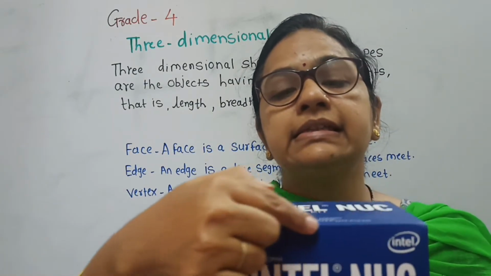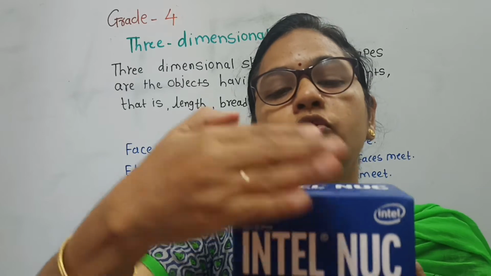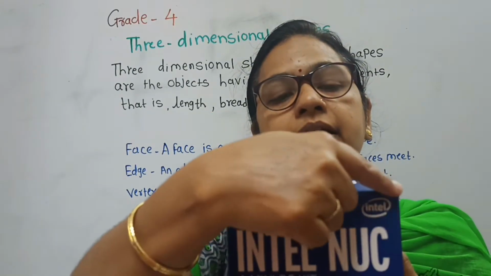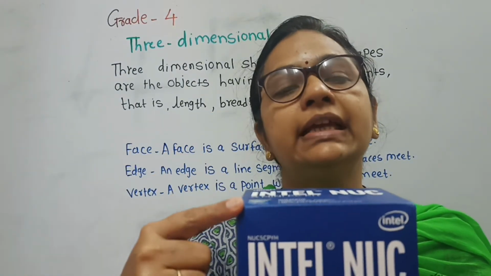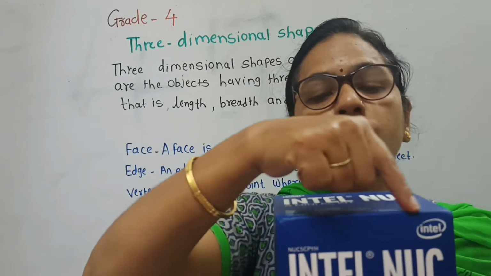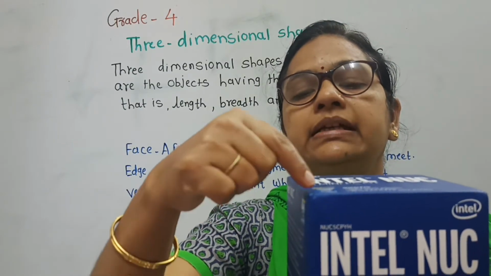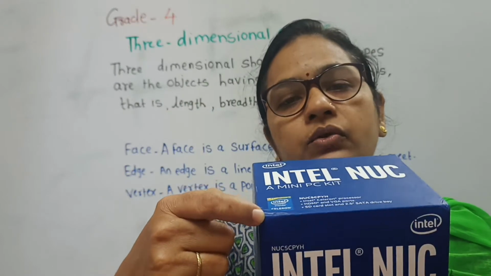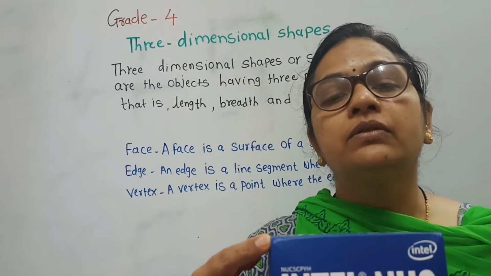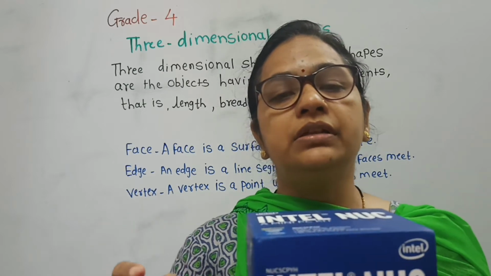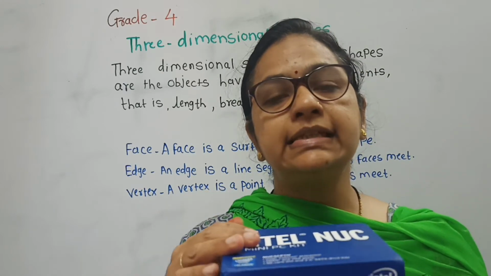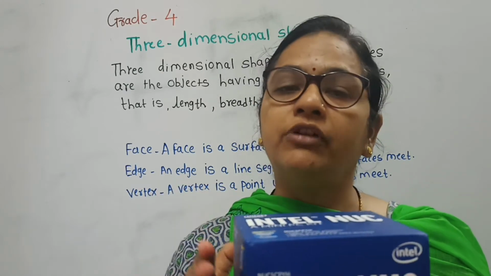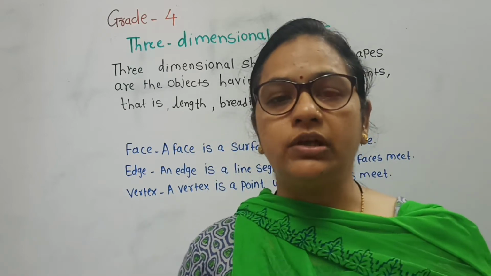Then this line where two faces meet is called an edge, and where two edges meet, this point is called a vertex.